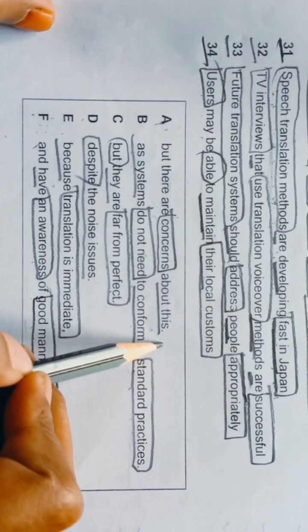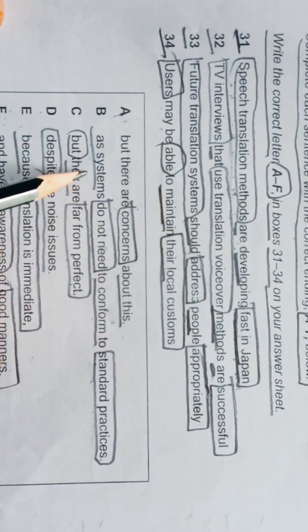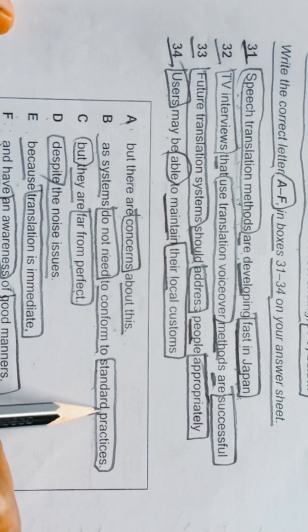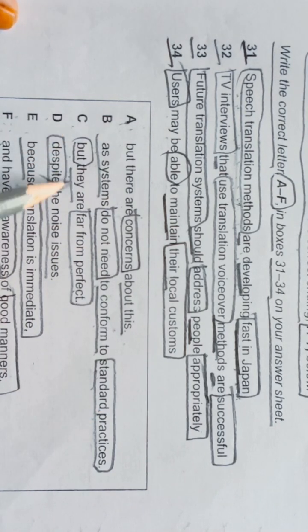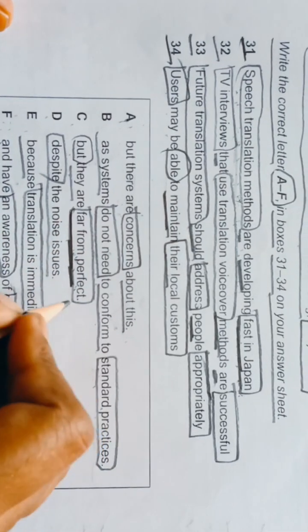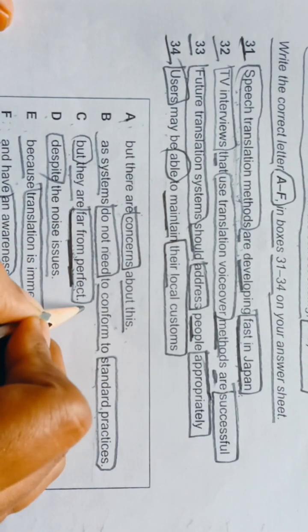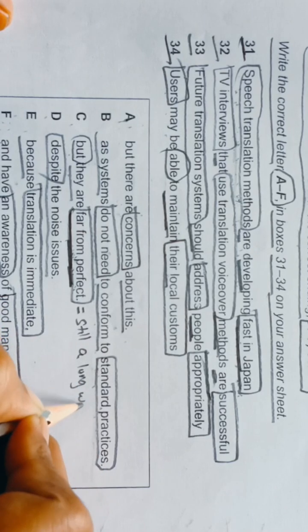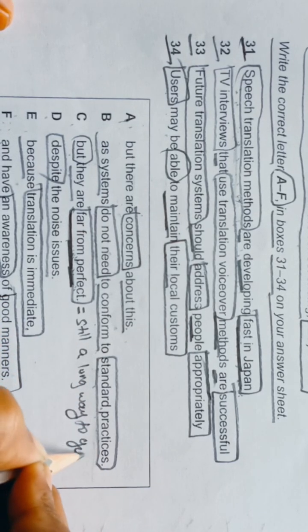No, we have not seen anything regarding this. As systems do not need to conform to standard practices. We have not seen this also. But they are far from perfect. Yes, this thing we have seen. Okay, still a long way means far from perfect. Far from perfect means still a long way to go.